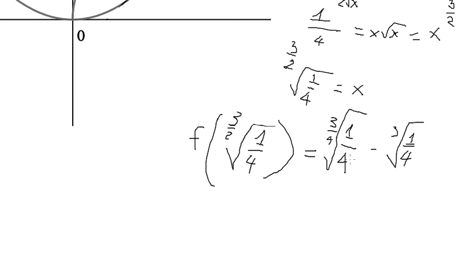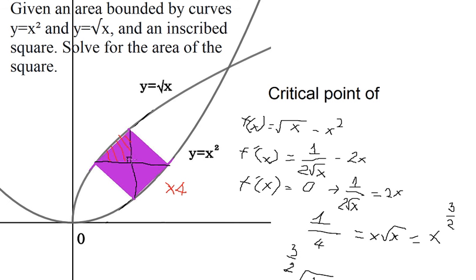We have this one, and we divide by 2. This means we get 3 over 4, 1 over 4 minus the cubic root of 1 over 4, divided by 2, because this point is the center of this diagonal of the square. That's why we need to divide by 2.